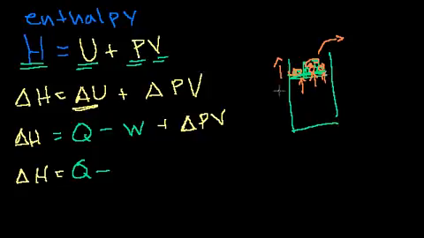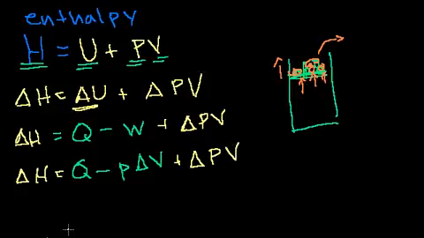We showed multiple videos ago that the work done by the system, which you can view as the volume expansion work, is equal to pressure times change in volume. So this was our change in internal energy, and I had several videos where I show this. Let me add the other part of the equation, so our change in enthalpy can be defined by this.